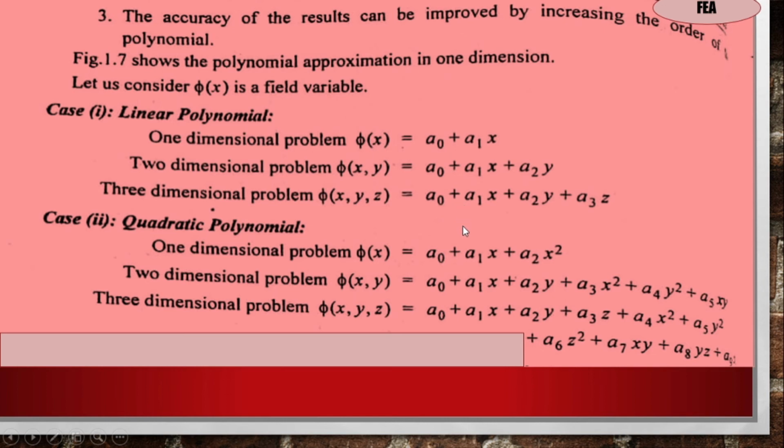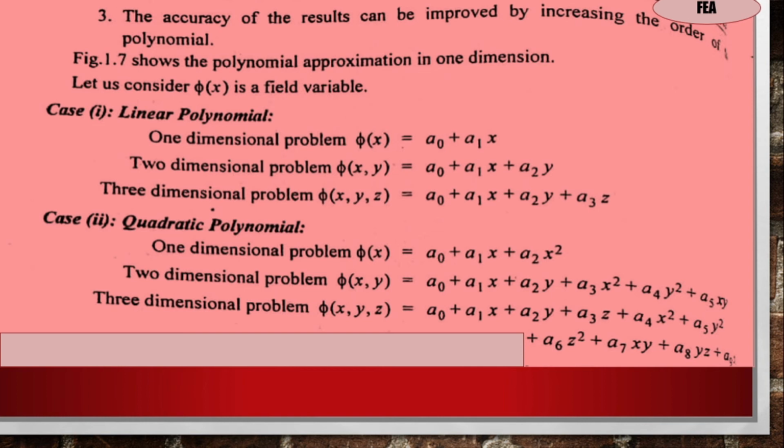In the same way, in quadratic polynomial problems, for one-dimensional problems, phi of x is equal to a0 plus a1x plus a2x squared. For two-dimensional problems, phi of x comma y is equal to a0 plus a1x plus a2y plus a3x squared plus a4y squared plus a5xy.